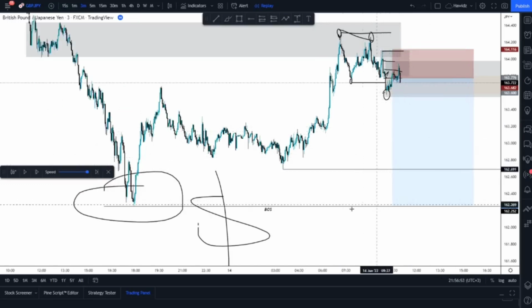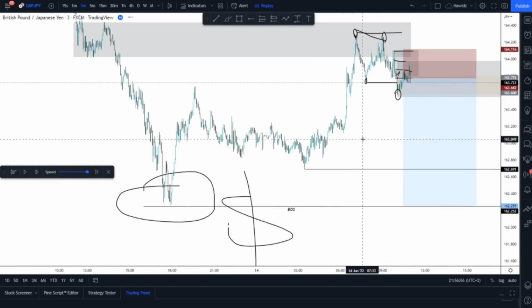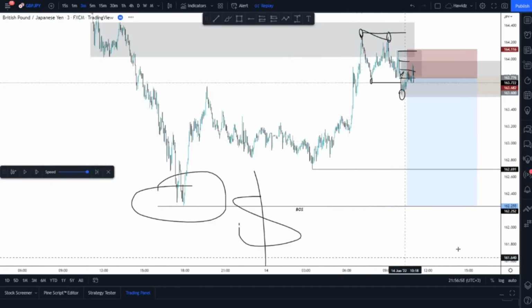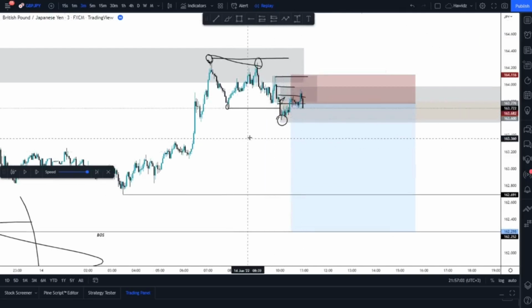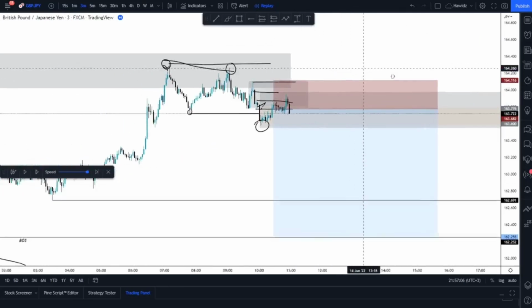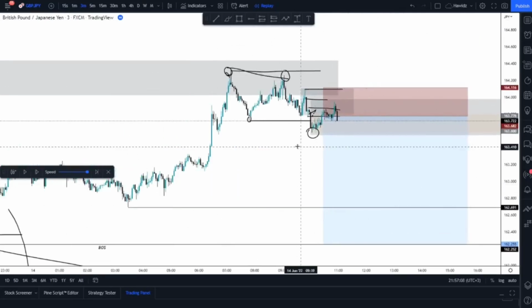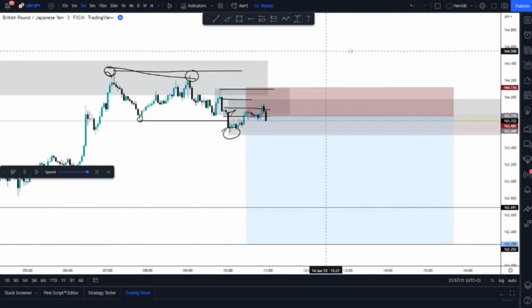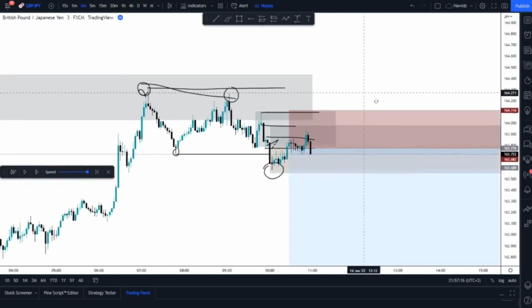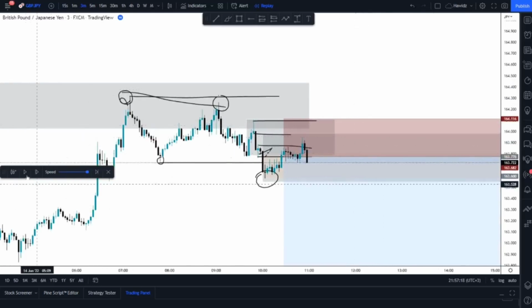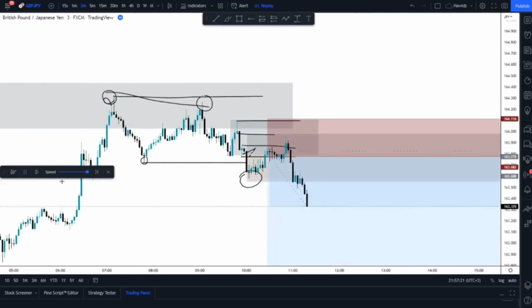So 40% here, 40% here, that's 80%, and just leaving 20% to run if price is gonna go lower. At that point, my break even is already set very early, not just waiting for price to reach here, but my break evens are normally set very early. I'm not gonna talk about that because it's premium stuff for the mentorship, but anyway, it is what it is, right? So let's continue, see what price does.